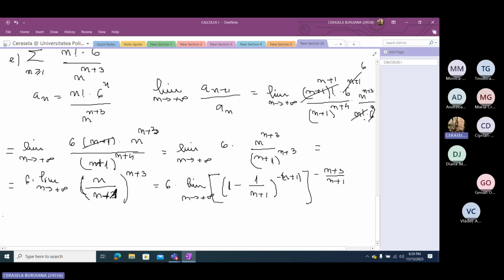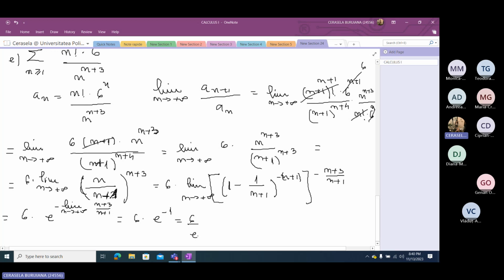So all this limit becomes 6 times e power minus limit when n goes to infinity of (n plus 3) over (n plus 1). And now, how much is (n plus 3) over (n plus 1)? How much is this limit? 1. Yeah, good. So it will be 6 times e power minus 1, or 6 over e.